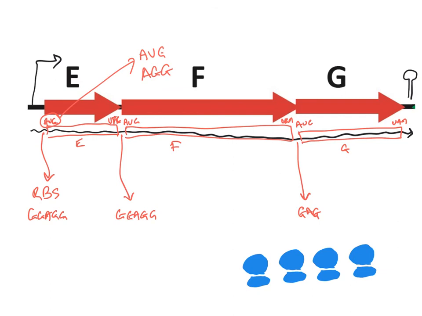Okay, so if this sequence is now transcribed, which it will be because we haven't changed the promoter sequence, we haven't changed the terminator sequence, so we'll still get transcript made exactly the same here, except just this one base here in the middle is changed. But now we have AGG instead of AUG.